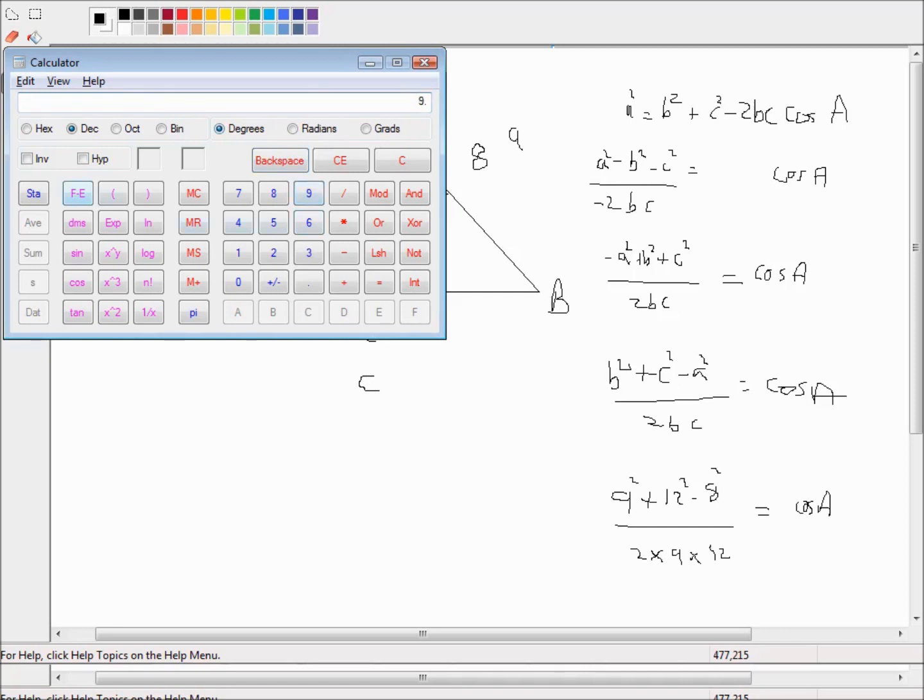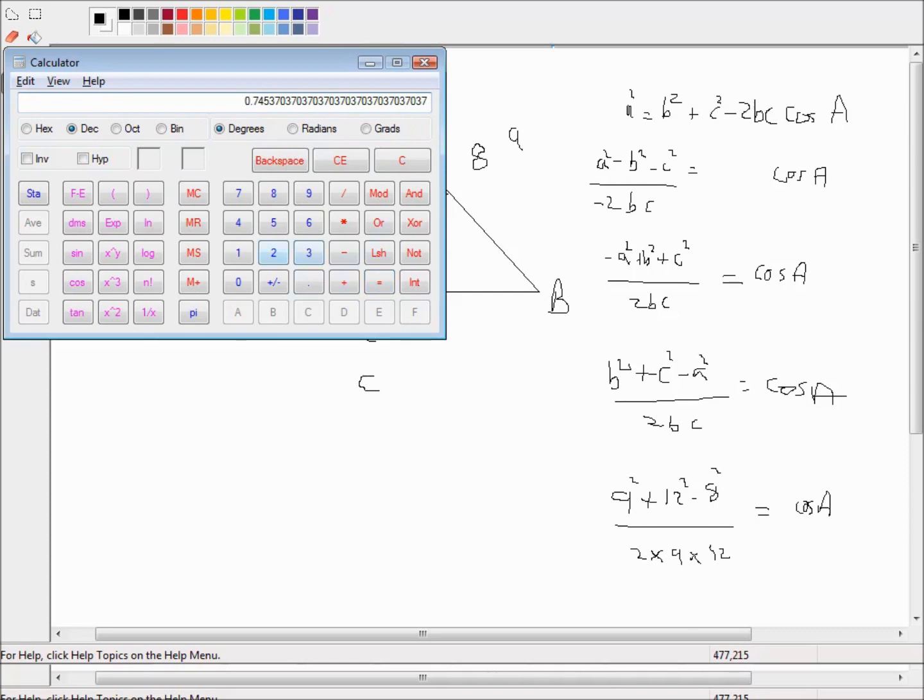This is 9 squared plus 12 squared minus 8 squared is equal to 161, and then divided by, and then I'm going to need to open brackets, 2 times 9 times 12, close brackets, which is 216, and that comes to 0.745337 whatever.